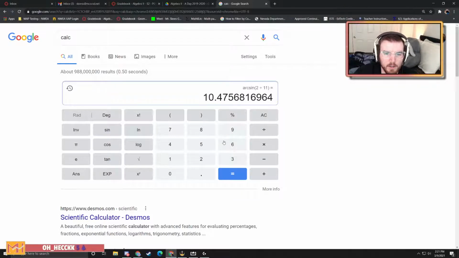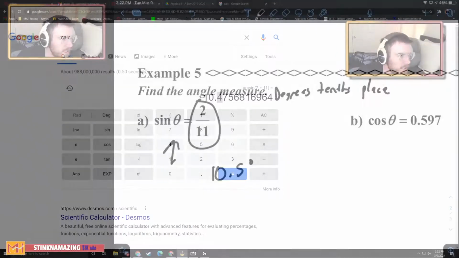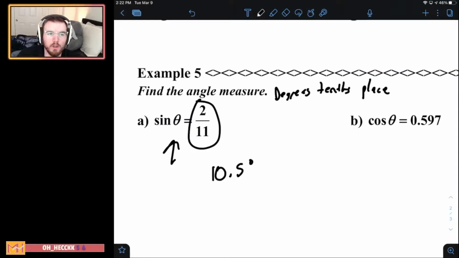And what does that give you? Let's just round it to the tenths place this time. To the tenths place, I'm writing down 10.5 degrees. So when you reverse it, you get 2 over 11. The inverse trig function sends you in the inverse direction.